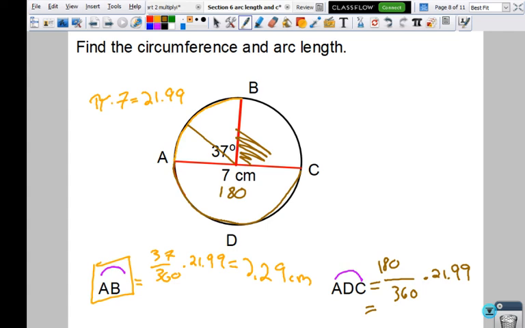We're almost done. Then you have to change the 9 to a 10, which changes this to a 10.